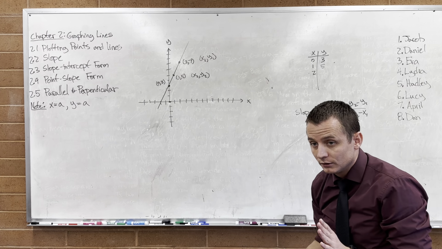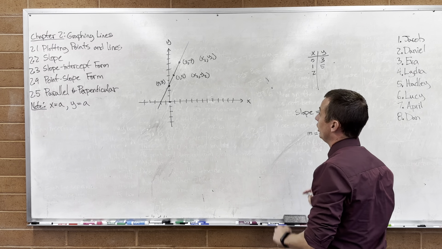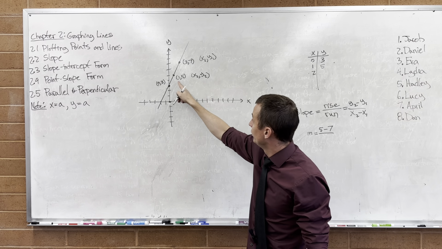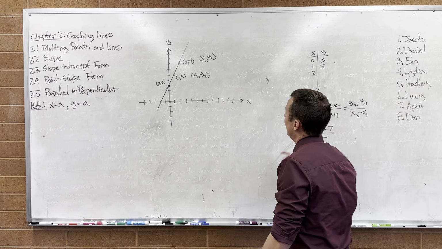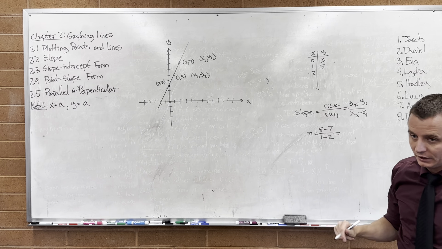We know that our slope, typically we use an m for our slope, is equal to y2 minus y1. y2 is 5, minus y1, which is 7. So it's 5 minus 7 all over x2 minus x1. x2 is 1 minus 2. 5 minus 7 is?